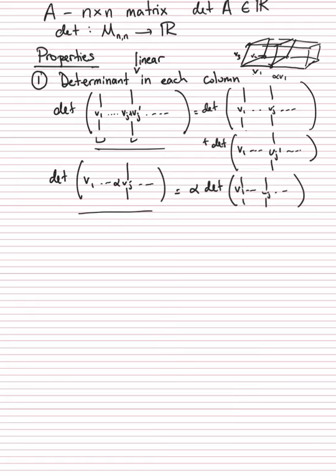Okay. So the next property is that column flips correspond to multiplying by -1.